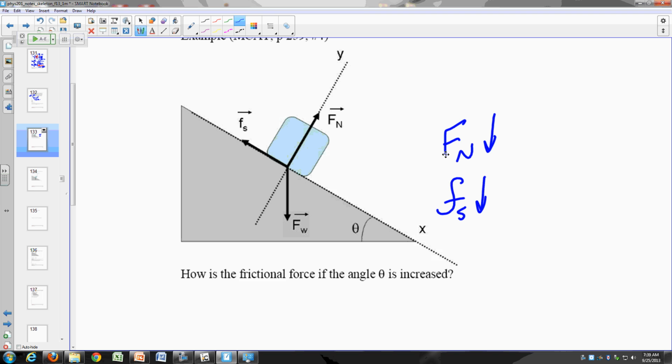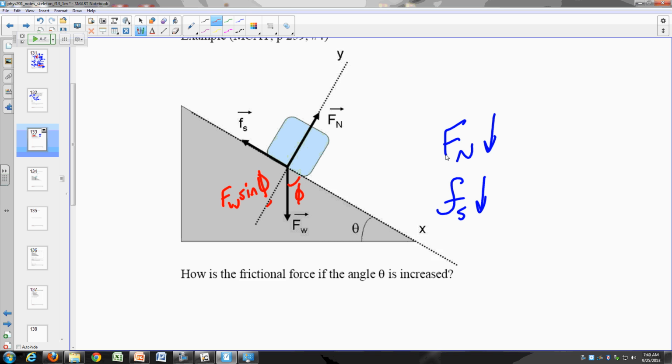This normal force is equal to the y component of the weight. That's Fw sine of phi, where this is our angle phi. Remember when you're working with these inclined planes, which you will likely see an inclined plane. We might have some other variations, but likely see an inclined plane.